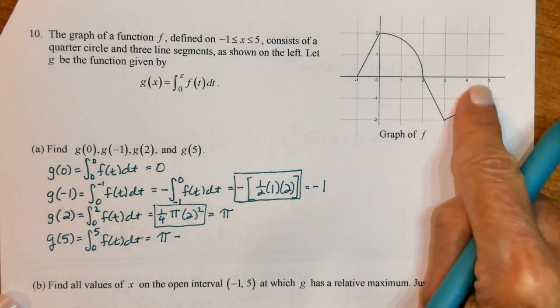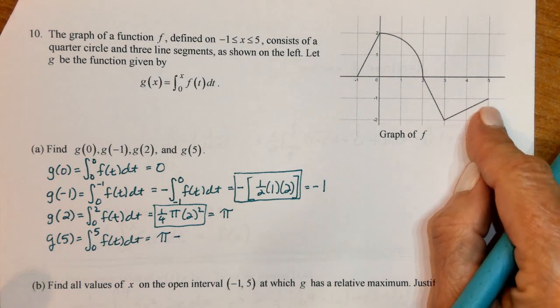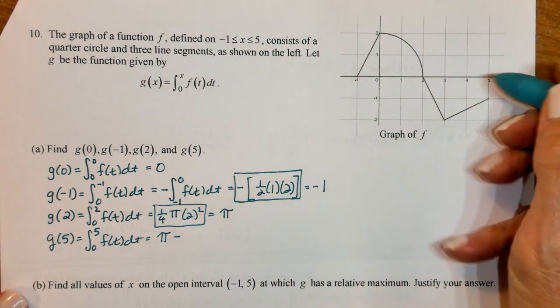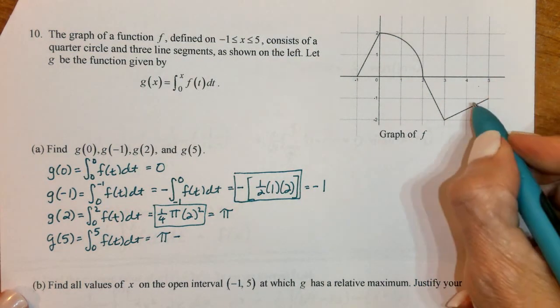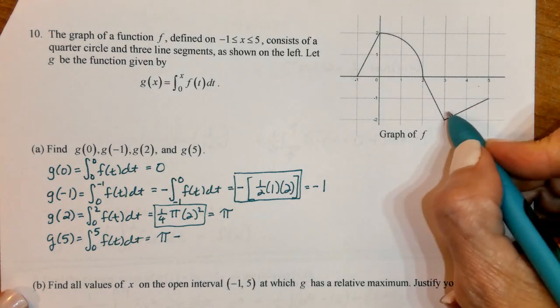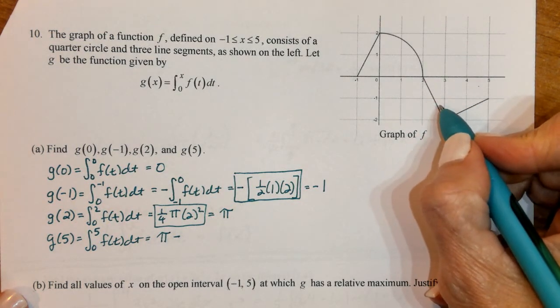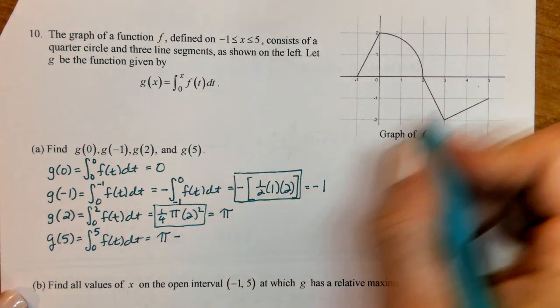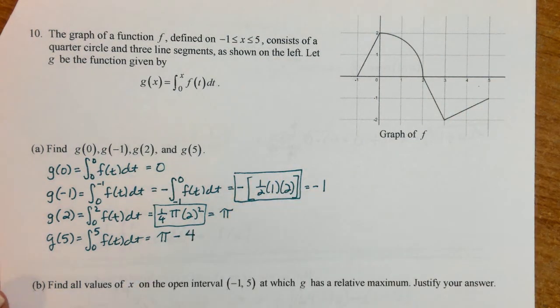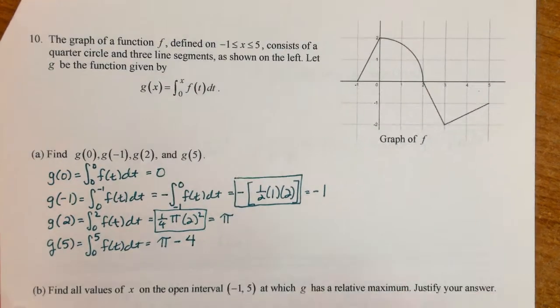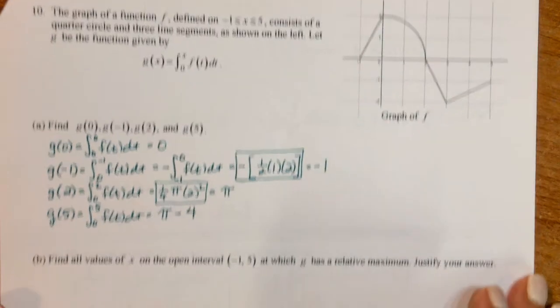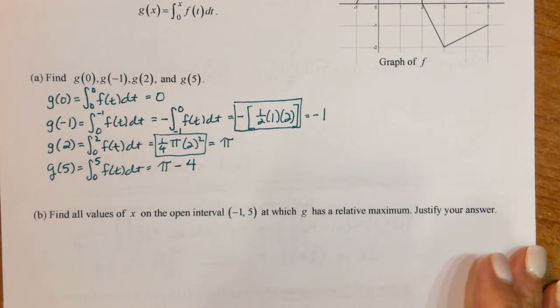So this area, I think I'm just going to count squares. I have these 2 full squares. This is going to add up to 1, and this is going to add up to 1. So this is going to be 4. I like it when they give me the grid in the background so that I can just count squares.